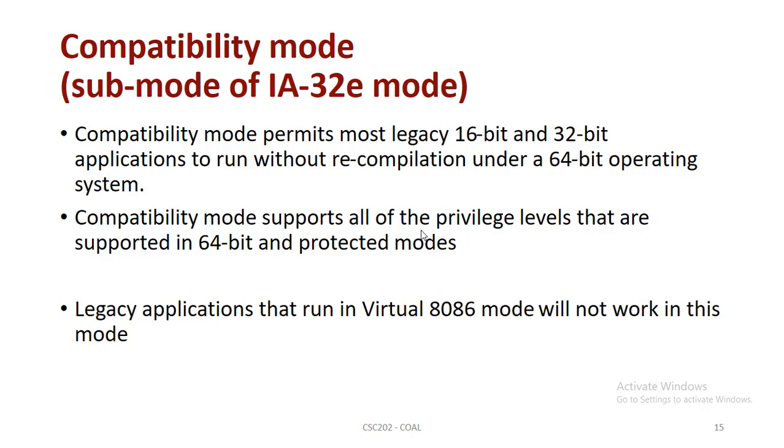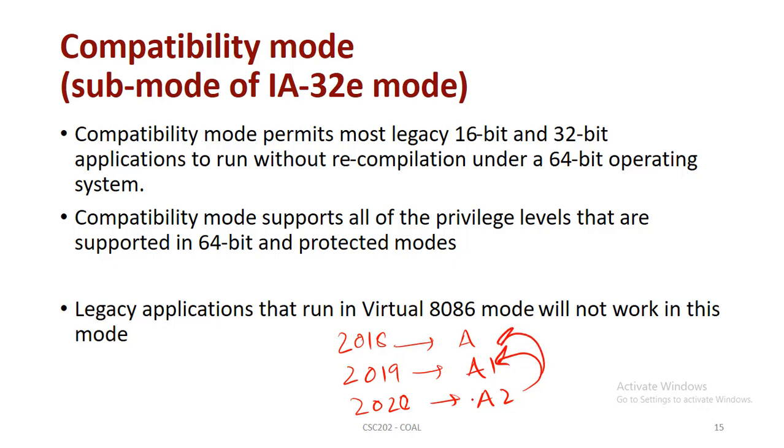From the business or marketing point of view, for example, you had a product in the year 2018, like product A. Now in 2019 you came up with a new product A1, for example, and in 2020 you have come up with A2. Now what happens if A2 does not support A1 or A?